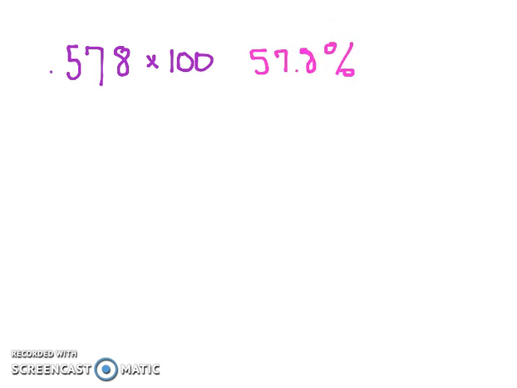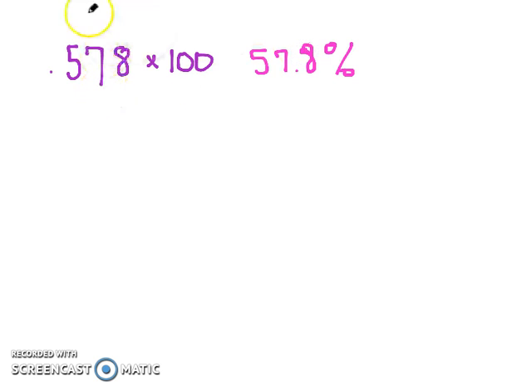Number 6. 0.578 is a decimal. We want it as a percent, so we multiply by 100, which gives us 57.8%. Now I want to write this as a fraction.